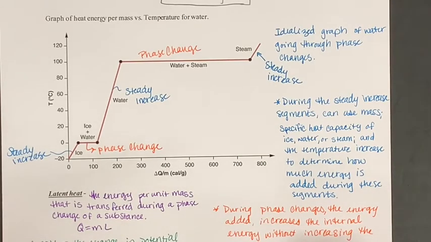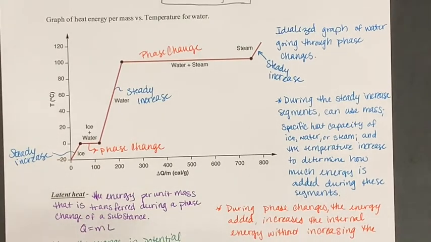And we call this energy that's added latent heat, and we can find it by taking Q, the heat added, equal to the mass times this latent heat value L. So latent heat is L, and we can find the heat added, Q, by multiplying our mass times the latent heat of whatever process this is. So we're going to actually practice this.